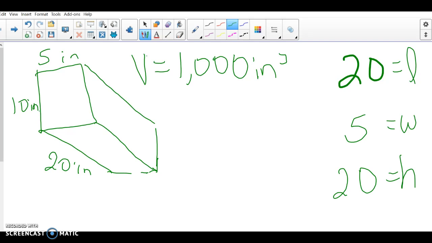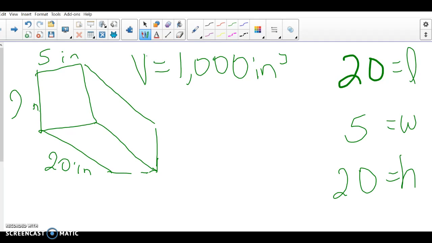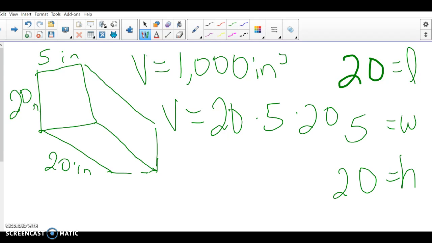All right. So we'll go over here and we'll erase that. And that is 20 inches. So now let's calculate the volume there. So our volume is equal to length of 20 times the width of 5 times the height of 20.